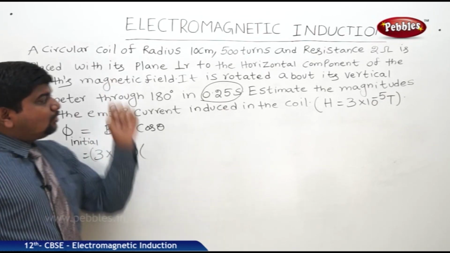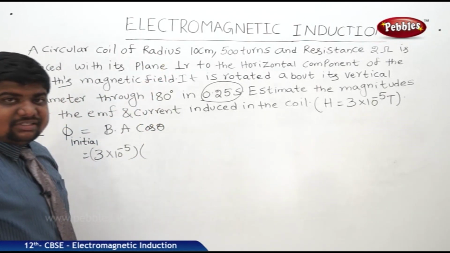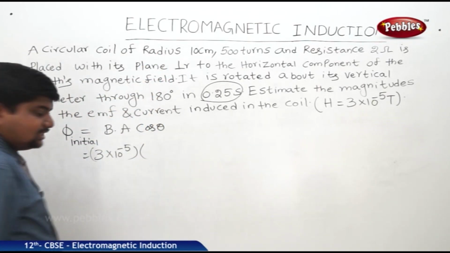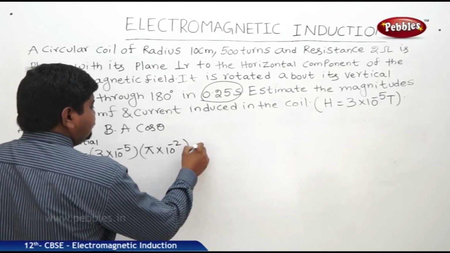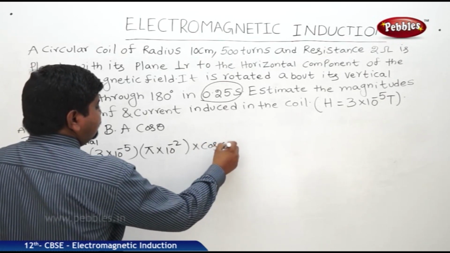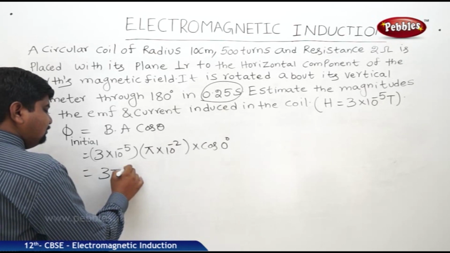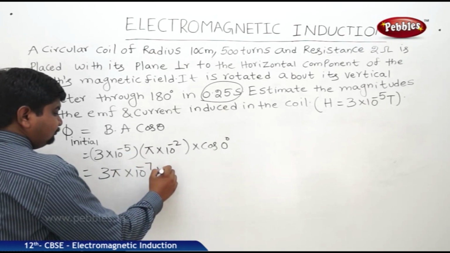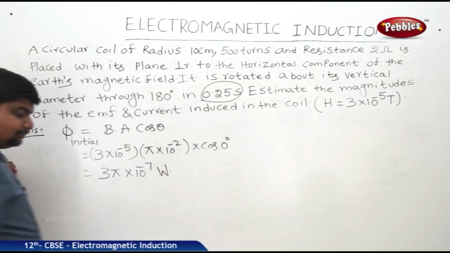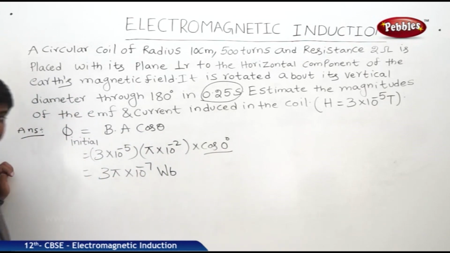Area is for a circular coil, pi r square, where r square is 10 centimeters whole square, which is 10 to the power of minus 2. Therefore, 3 into 10 to the power of minus 5 into pi into 10 to the power of minus 2 into cos 0 degrees. So it will be 3 pi into 10 to the power of minus 7 Webers, because cos 0 is equal to 1.